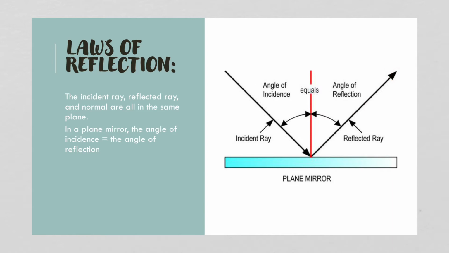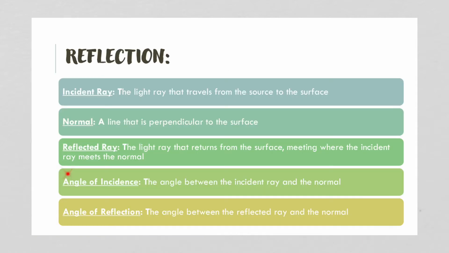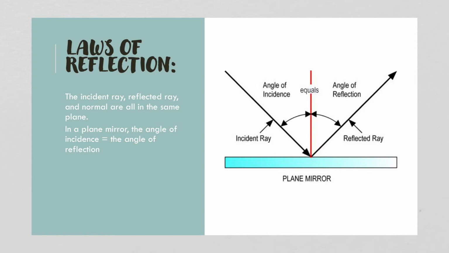If you notice, it bounces off at the same angle as the other one. The angle of incidence is the angle between the incident ray and the normal, and the angle of reflection is the angle between the reflected ray and the normal. They are equal. So if this was 45 degrees, this would be 45 degrees.